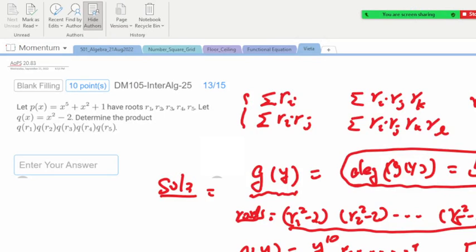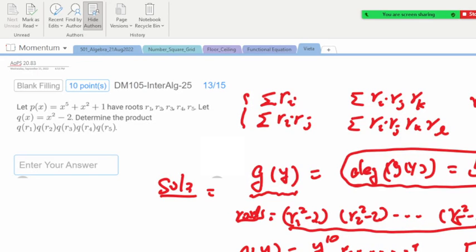Okay, now this is the first step. Now let's do the second step. Let q(x) equal y, which is x squared minus 2, right? Based on the concept, we are trying to find x equal to something of y.